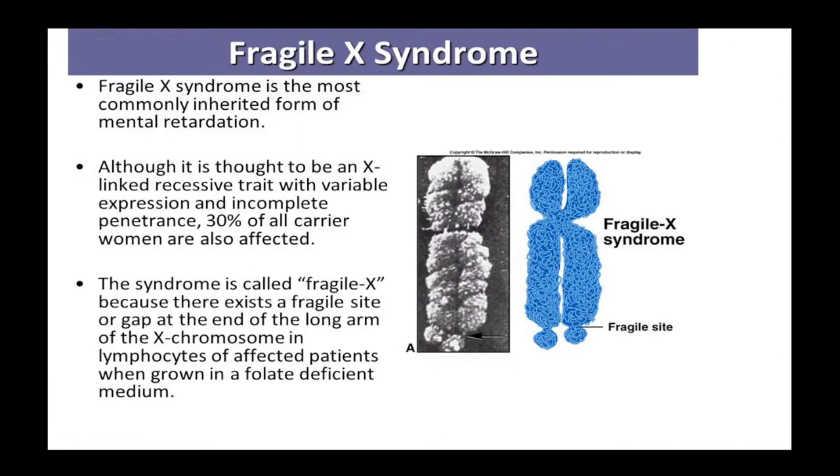The syndrome is called Fragile X because there exists a fragile site or gap at the end of the long arm of the X chromosome in lymphocytes of affected patients, when grown in a folate deficient medium.